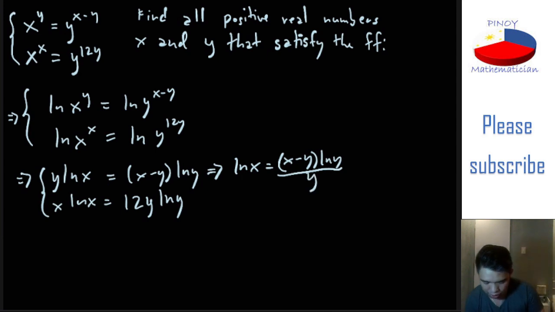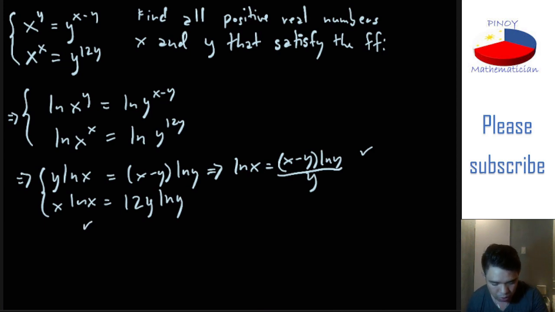So what we did there is we divided both sides by y. And now, since we know that ln x is this, x minus y ln y all over y, we can substitute it here.